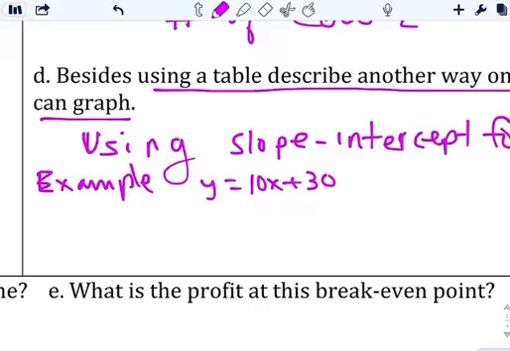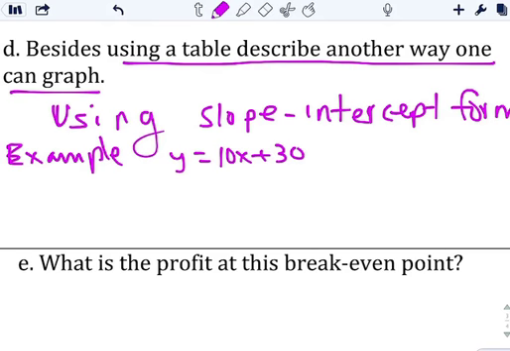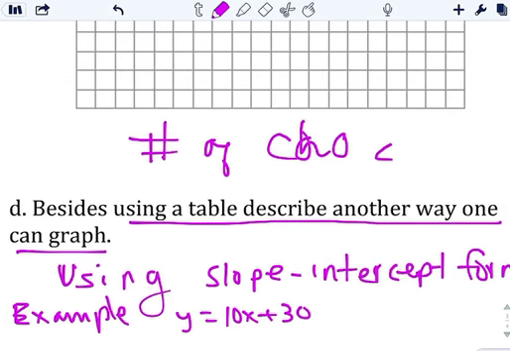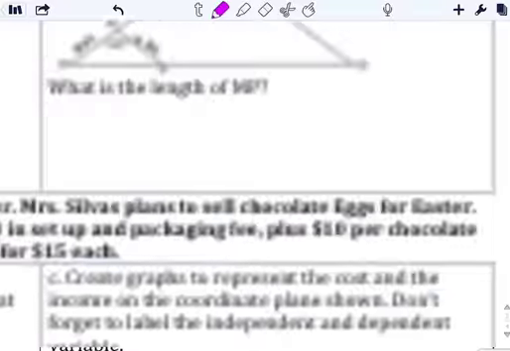What's the slope here? What's the y-intercept? 30. Can you graph that? Go up how many? 10 over how many? 1. See that? Have I taught this? Is this over? Yes. Let's review.